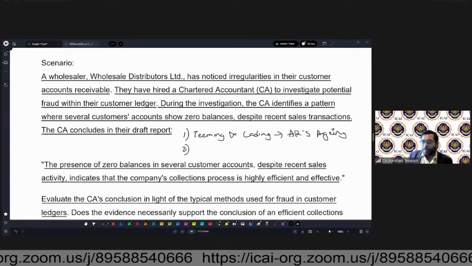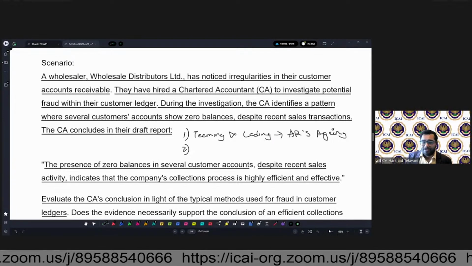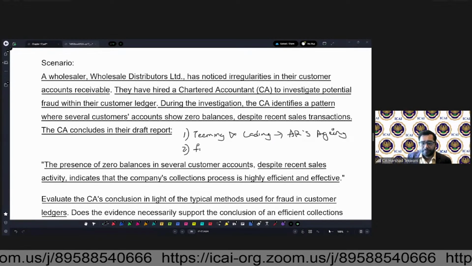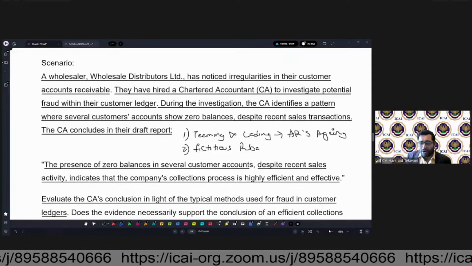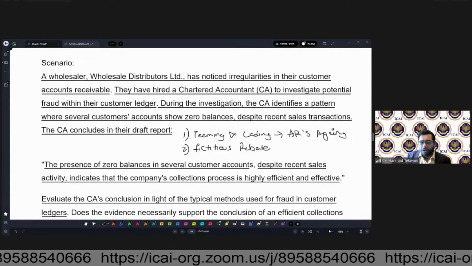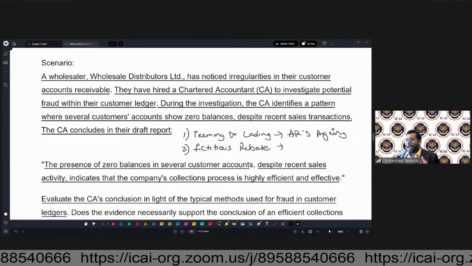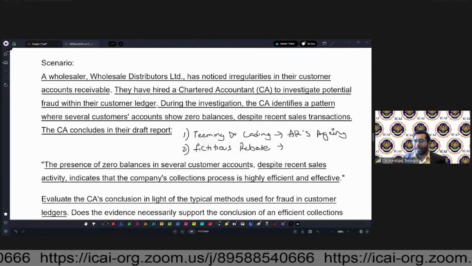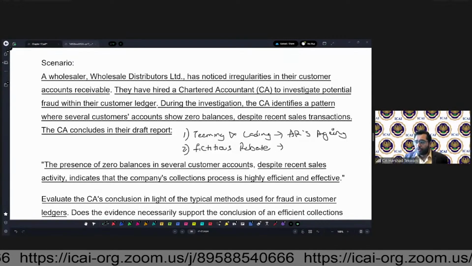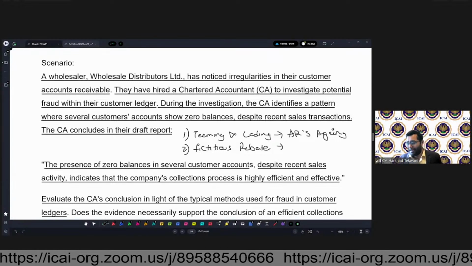Second, there could be fictitious allowances or rebates, fictitious rebates or discounts. By this way, they can write off the customer balance which is there. Third, misposting of payments.